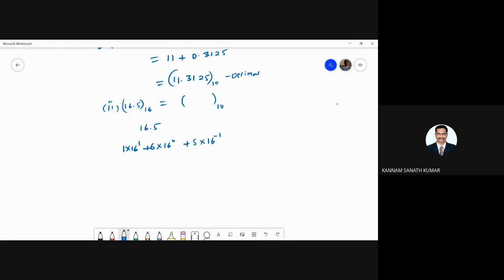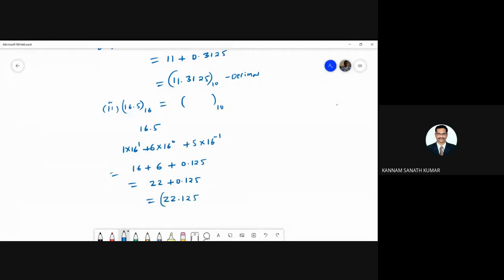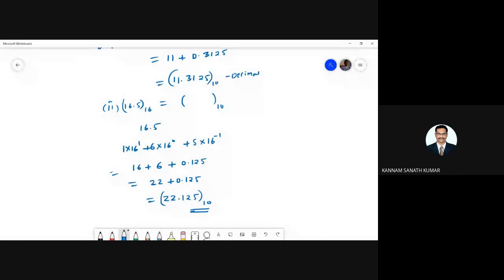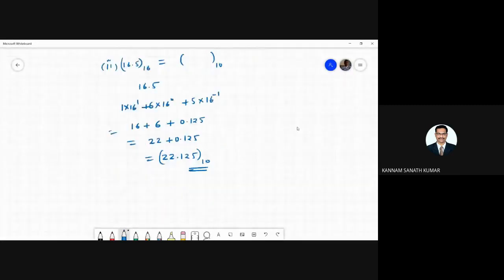So 16 plus 6, with 16 power 0 being 1, plus 1 by 16, which is 0.0625, into 5, giving 0.3125. 16 plus 6 is 22, plus 0.3125, so this is 22.3125 to the base 10. This is how you convert a hexadecimal number to a decimal number.